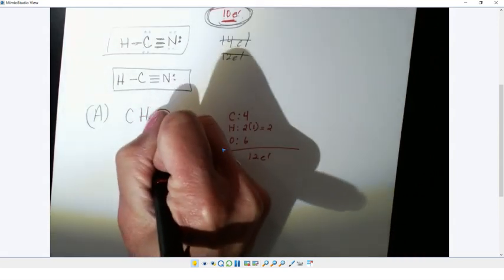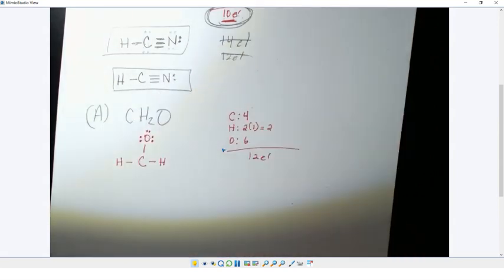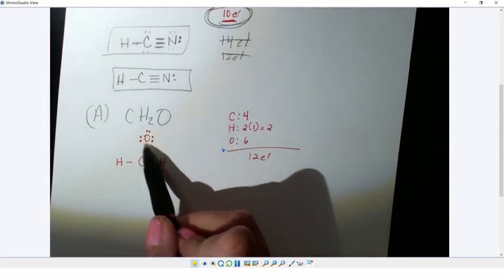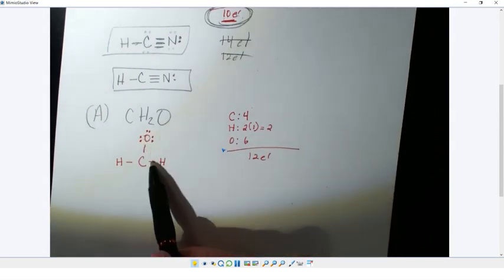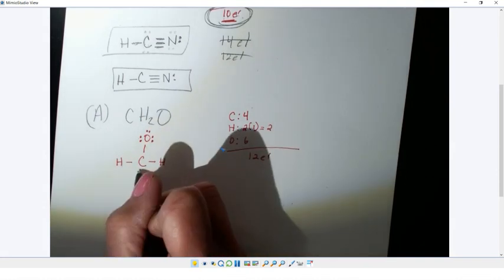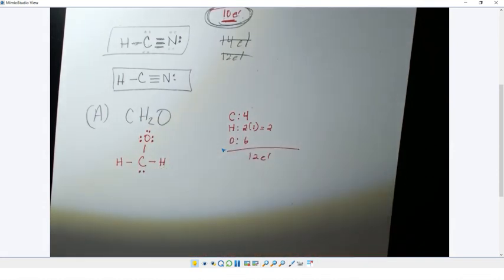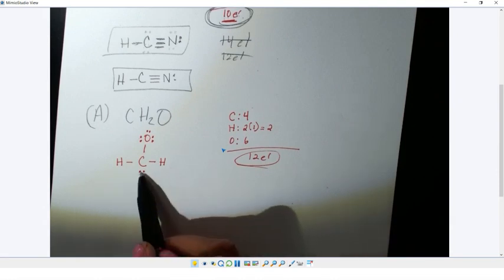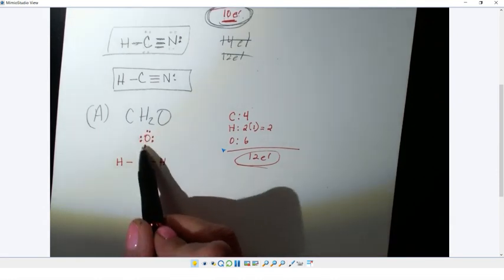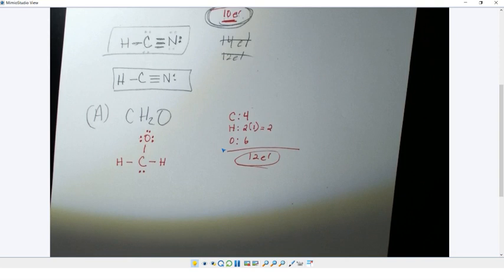So I'm going to add 3 pairs of electrons on oxygen, 2, 4, 6, 8. Right now carbon has 2, 4, 6, so I need 1 pair right here. Now I have to see if I've hit 12. 2, 4, 6, 8, 10, 12, and 14. That's too many. I need 12, right?